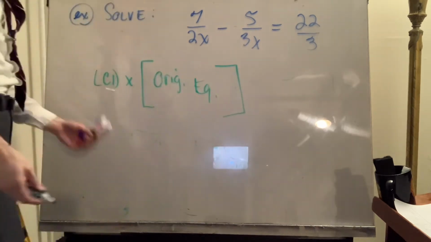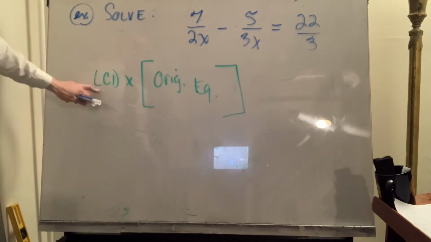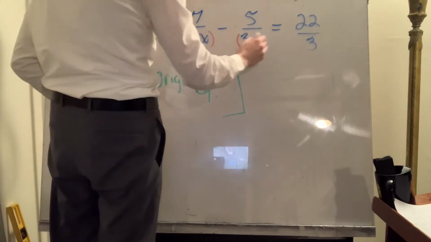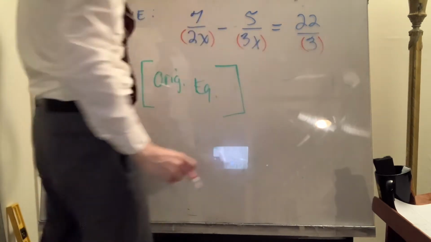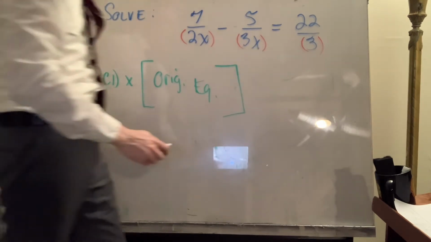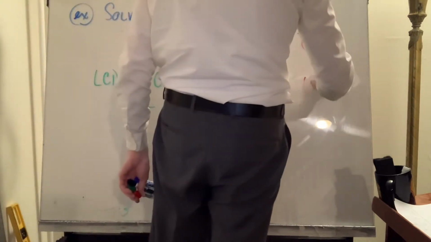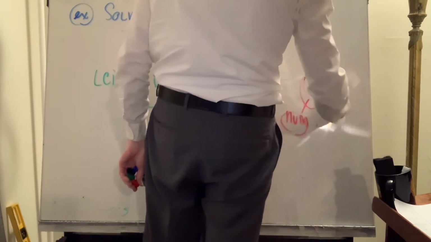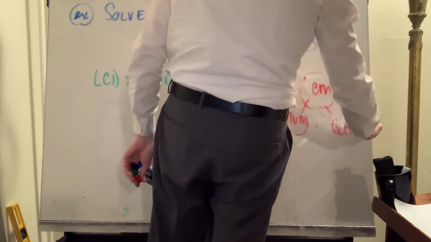How are we going to identify the LCD? Again, zero in on all of these denominators. You could do this in two parts. You could say, what is the LCM of the numbers, and then figure out what the LCM is of the letters.